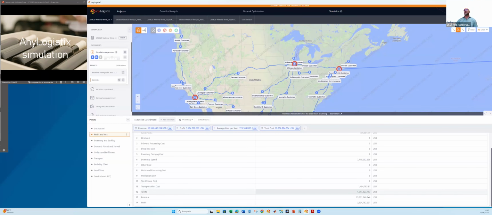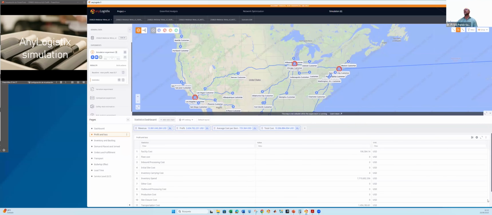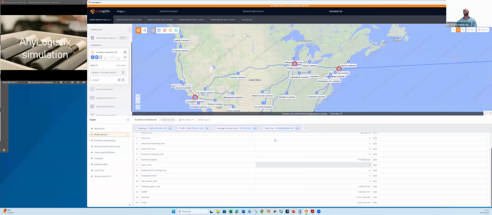This is the main baseline cost according to 2024 costs, and this is what we are going to check in the next simulation. So now we have the baseline. Here we have the revenue or sales, and here our profit, which is sales minus the cost, the inventories and all of this stuff. I simplified the problem a little bit. You can consider more costs, more times for doing this, but just to understand the problem.